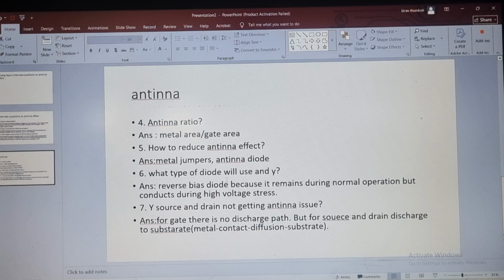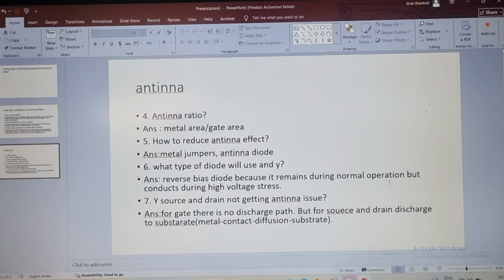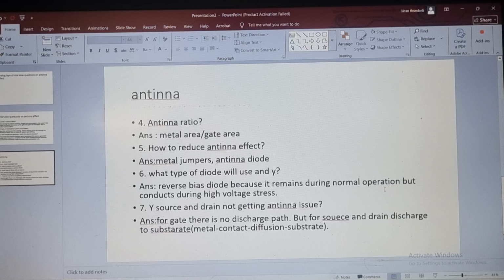What type of diode is used in antenna protection and why? We have two types of diodes, forward bias diode and reverse bias diode. Which diode do we need to use in antenna? Reverse bias diode, because it won't conduct during normal operation. If the operation is going smoothly, meaning there are no charges and no high voltage, it won't conduct.